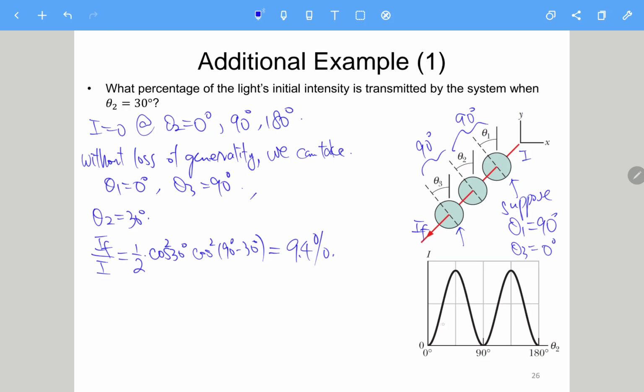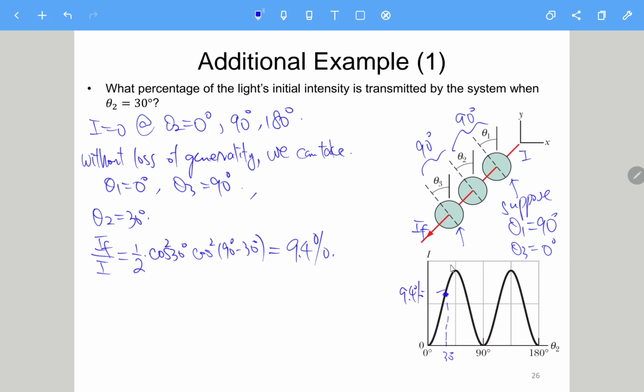So roughly, here this should be 30 degree. You may feel like this is quite high, but actually this is not the incident intensity. This is the maximum output intensity when theta 2 is 45 degree. So this is as high as 9.4%.